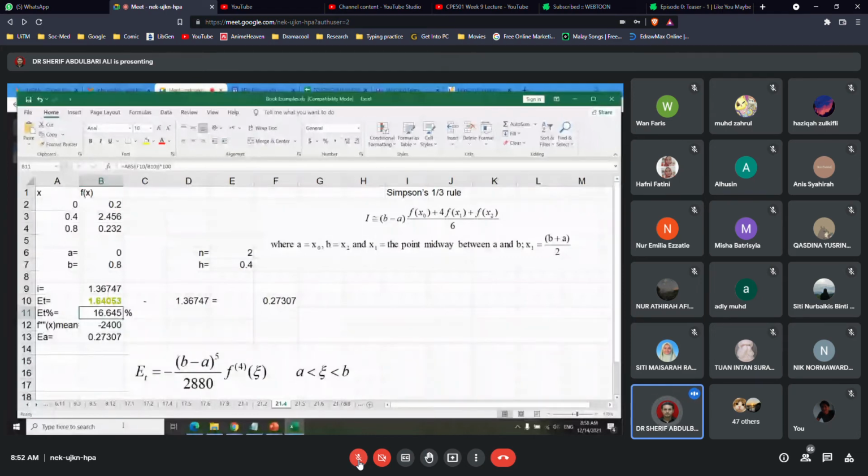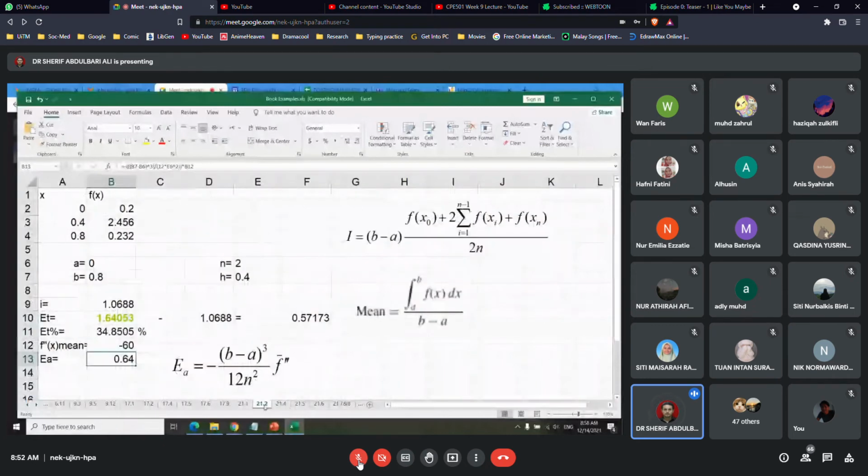We have done this one with 2 segments of trapezoidal rule. Still, the error is considered high, it's 35. So this means a single segment of the Simpson 1/3 rule is more accurate than 1 segment, 2 segments, or 3 segments using the trapezoidal rule. That's why it's more accurate.